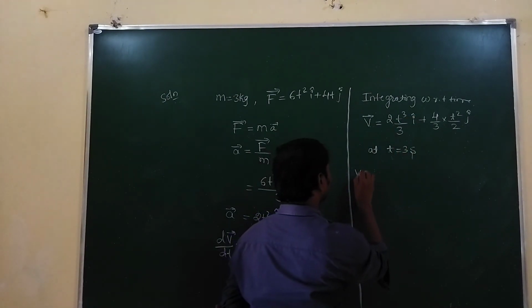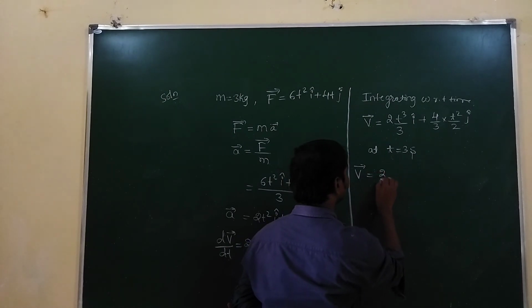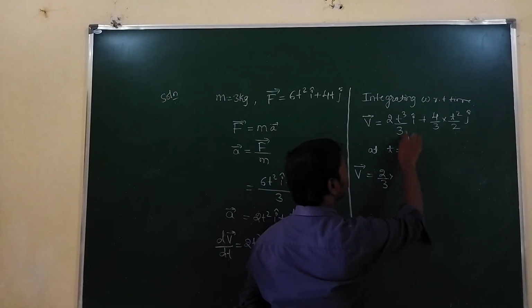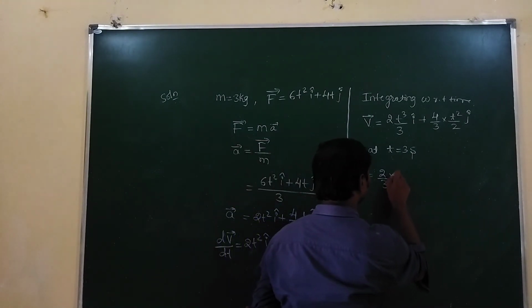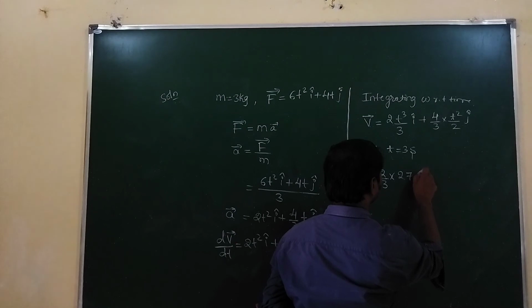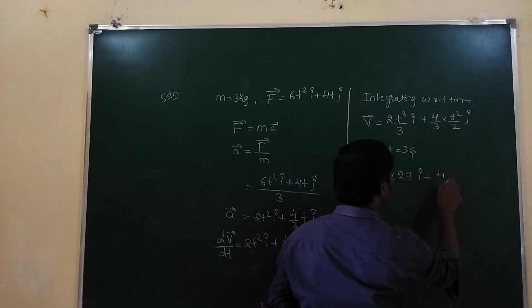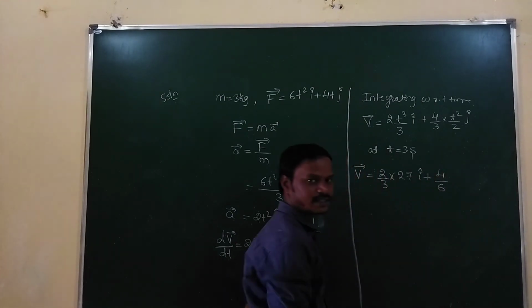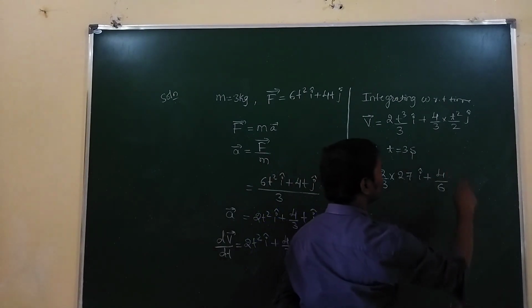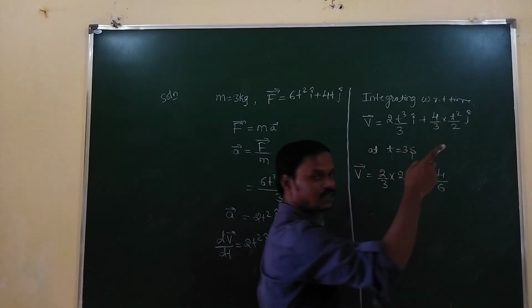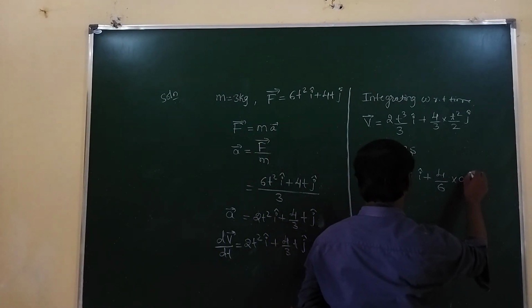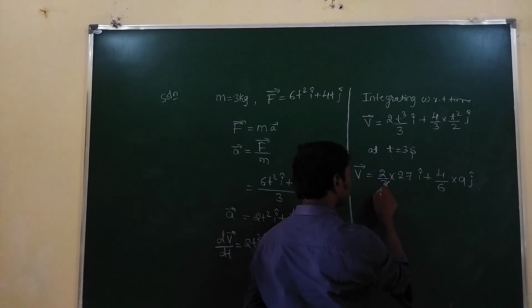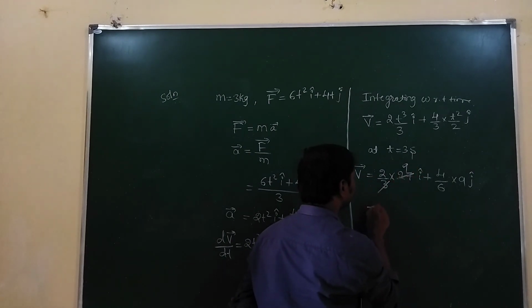Now, vector v is equal to 2 by 3 t cube, meaning 3 cube. 3 3s are 9, 9 3s are 27. 27 I cap plus 4 by 6, otherwise it is 2 by 3, then t square, meaning 3 square, 3 square is 9, into j cap.